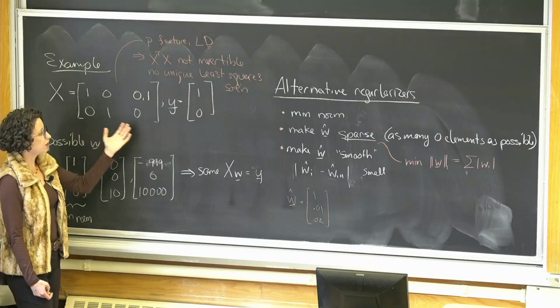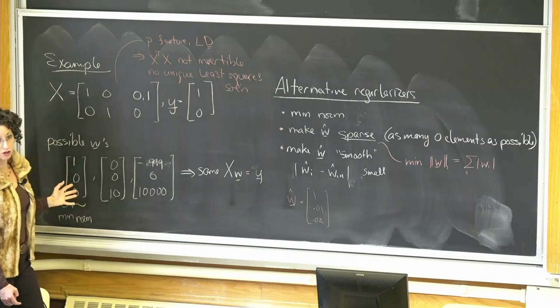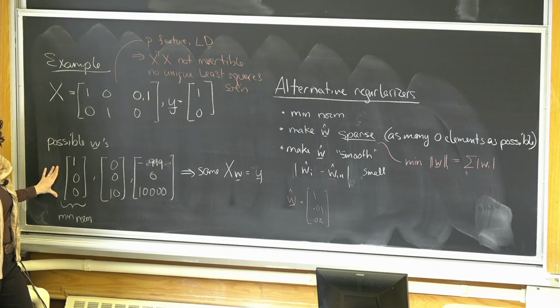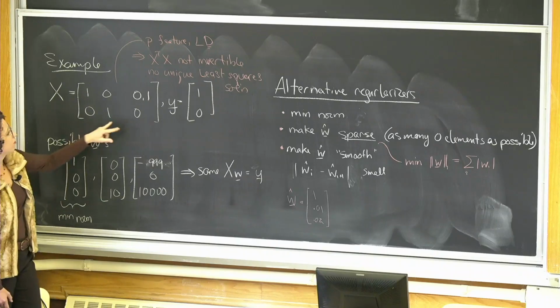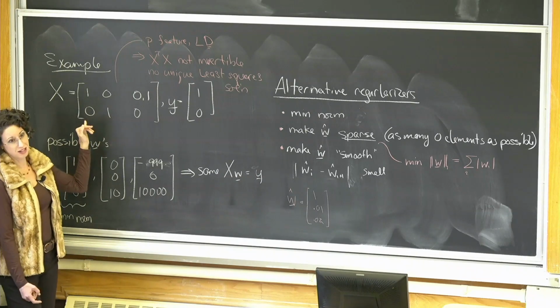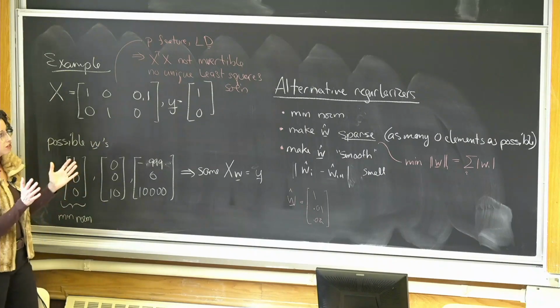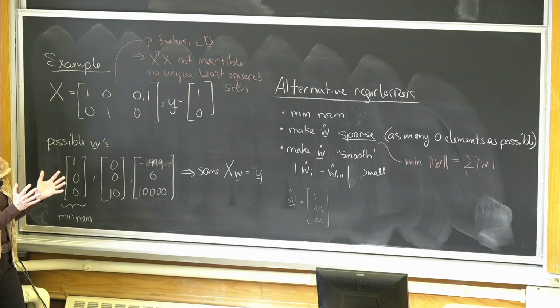And when I learn weights on those features, I know how to interpret them. This is telling me if I want to have a good prediction of Y, then I should just look at the first feature and I can ignore the other two features. I can interpret this weight vector that way. But if I were to instead first learn a basis, well, this isn't a great example because the basis would give the same result. But in general, the basis is going to be a linear combination of all the features.